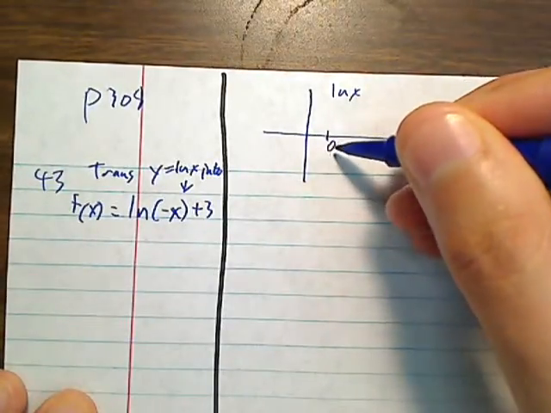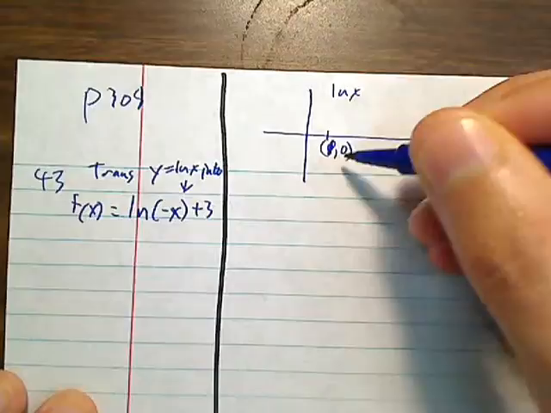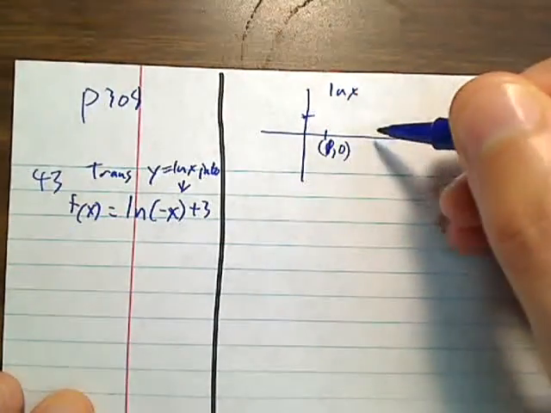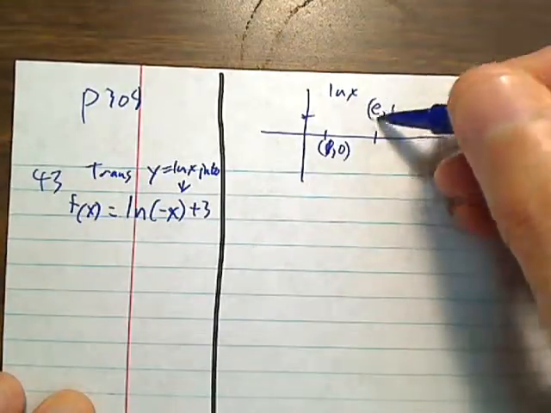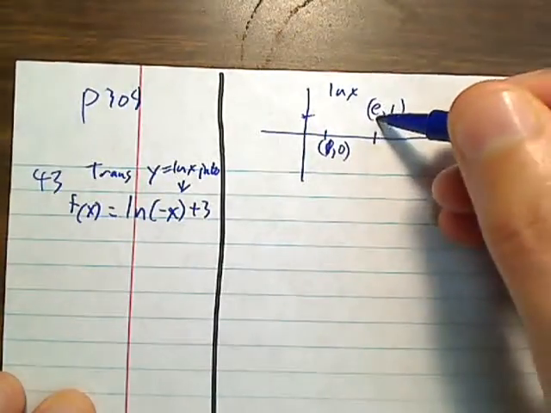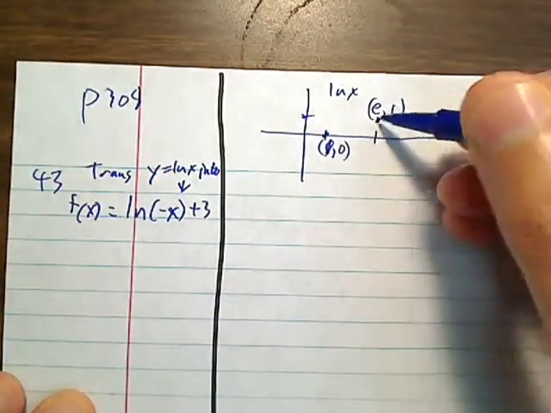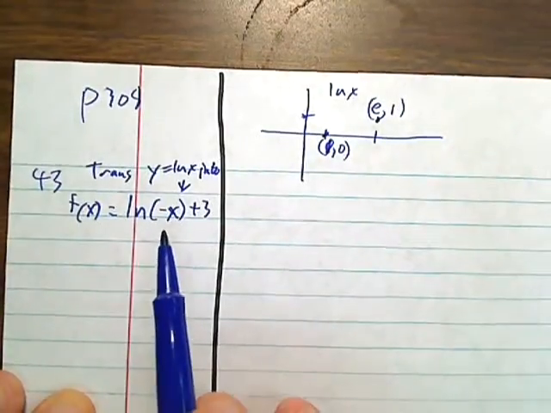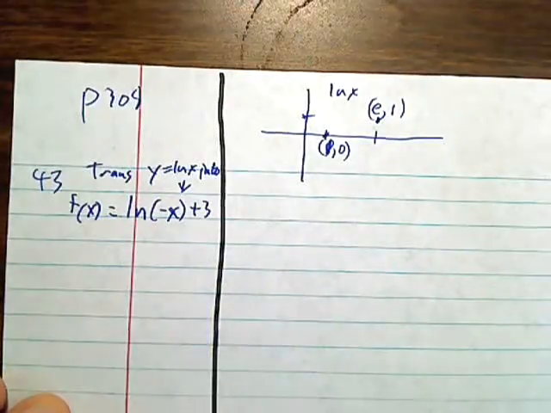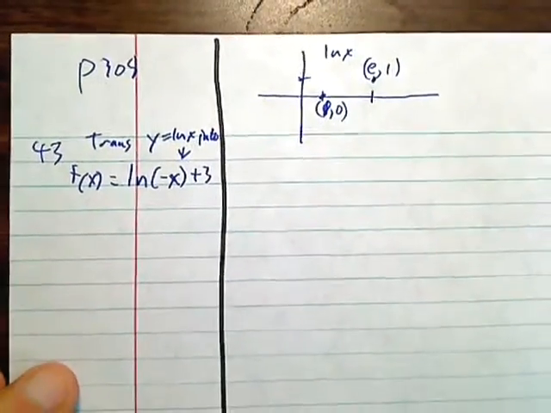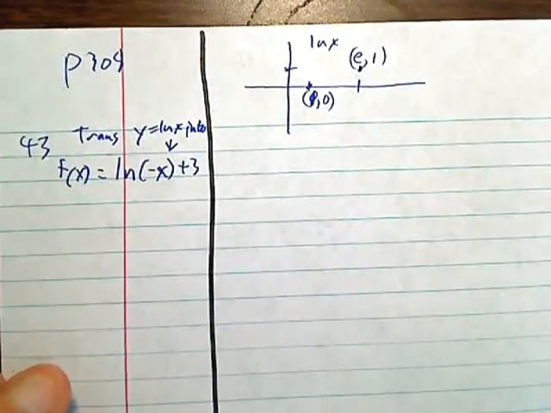It has the point (1, 0), and it has the point (e, 1). So it has those two points. Natural log of negative x plus 3: what are the transformations? Sketch the graph and support it with your grapher. Go ahead.